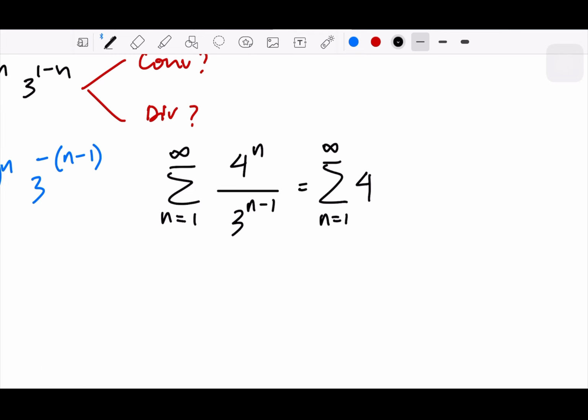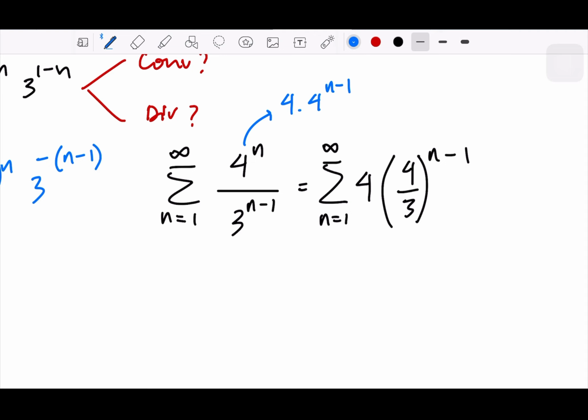So 4 over 3 to the n minus 1. Or if you are confused, let me write 4 multiplied by 4 to the n minus 1.